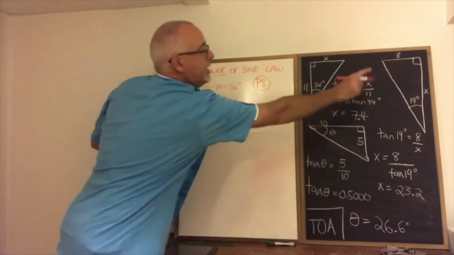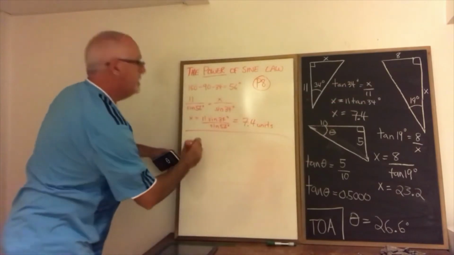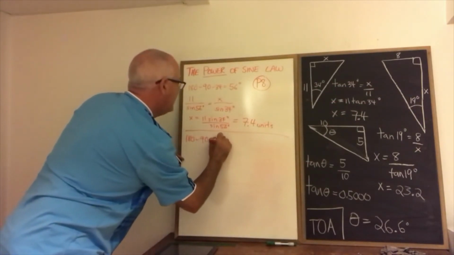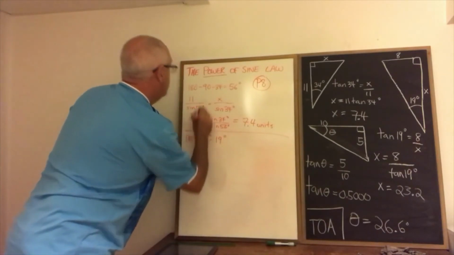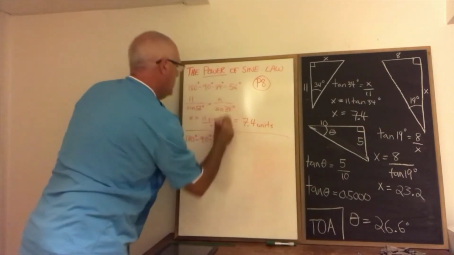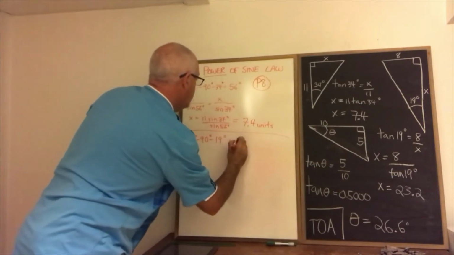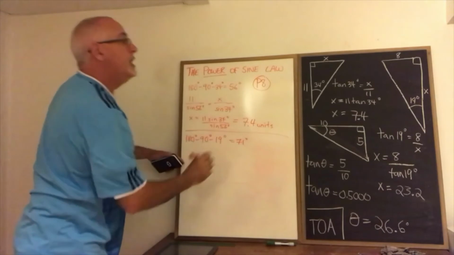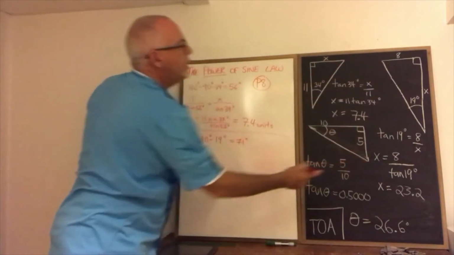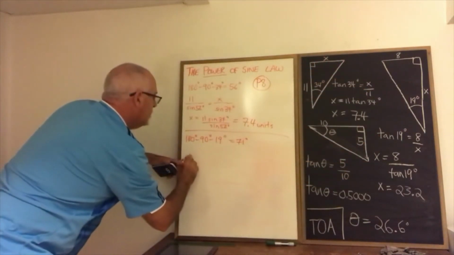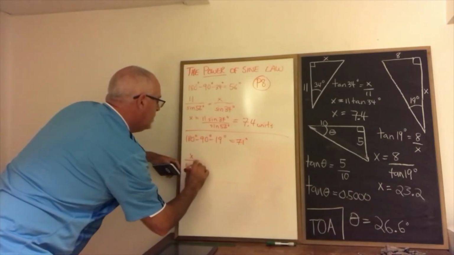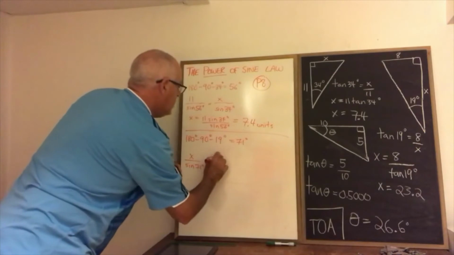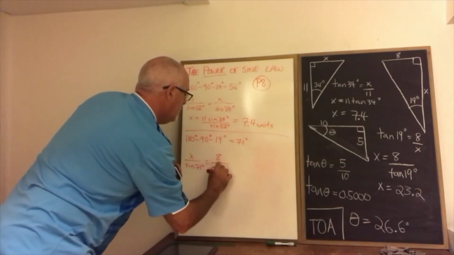Subtracting from 180 in the triangle over on the top right, 180 minus 90 minus 19 is equal to 71 degrees. Applying the 71 degree angle, I can use sine law. X over sine of 71 has to be equal to 8 over sine of 19.